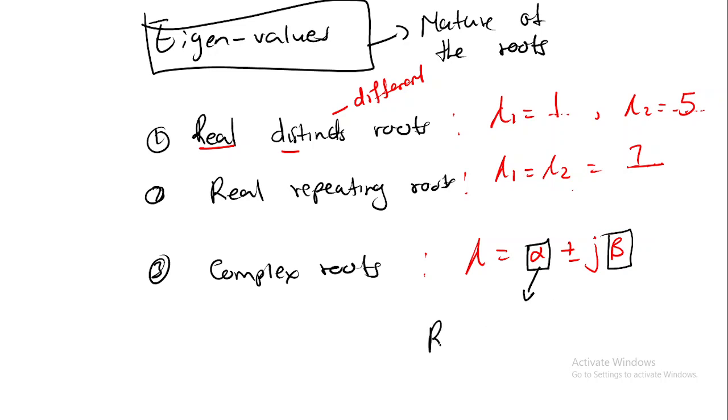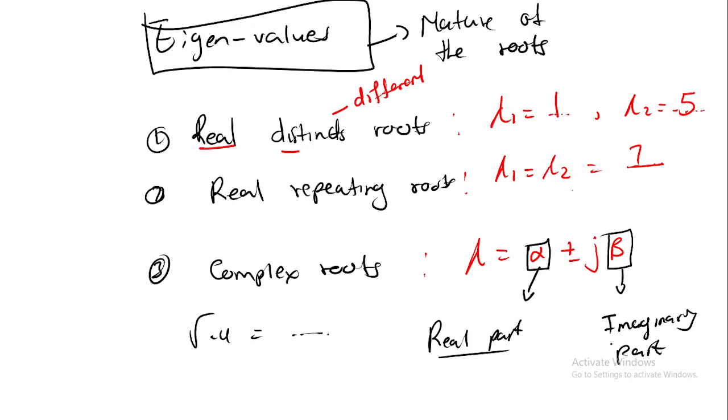Alpha is the real part of the complex root, and beta is the imaginary part. If you are trying to solve your differential equation and get, for example, the square root of -4, it's going to give you complex roots. We say the roots are complex because we have the real part and the imaginary part.